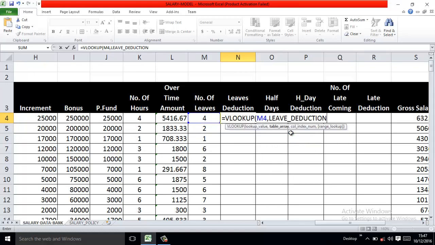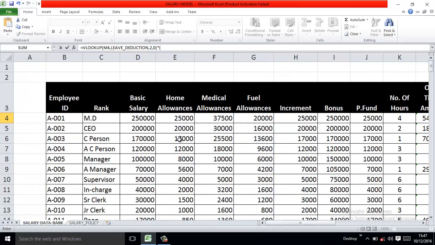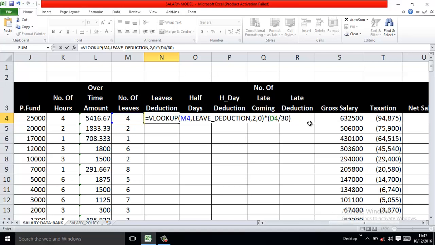So here it's leave deductions, again index number 2 where the rate is given. I'm calling this. Now this is multiplied by the basic salary, that is D4 in this case, divided by 30 for the per day rate, and multiplied by the number of leaves, right?